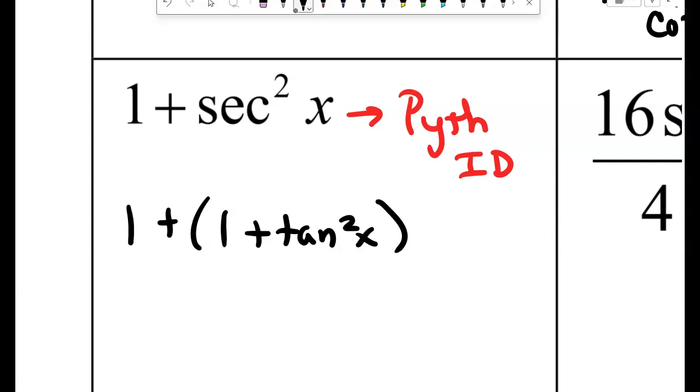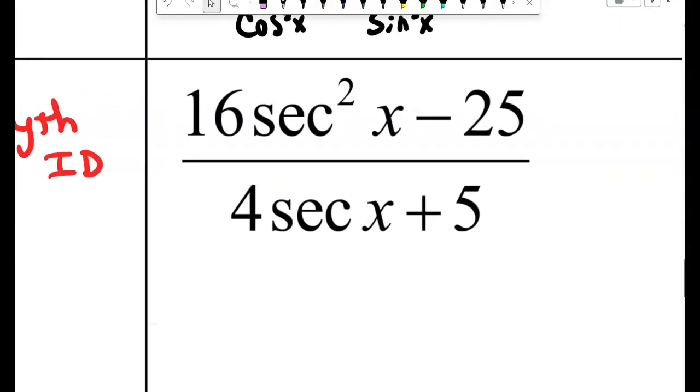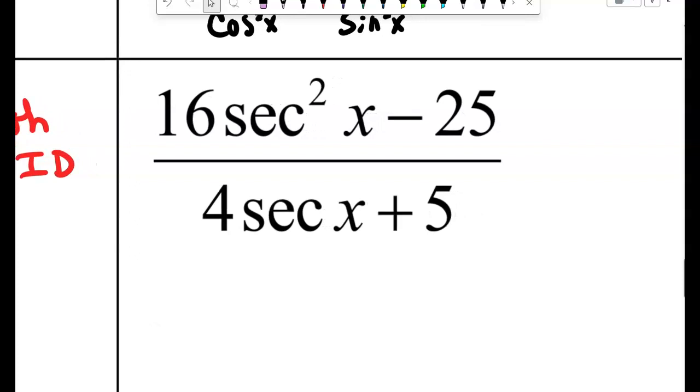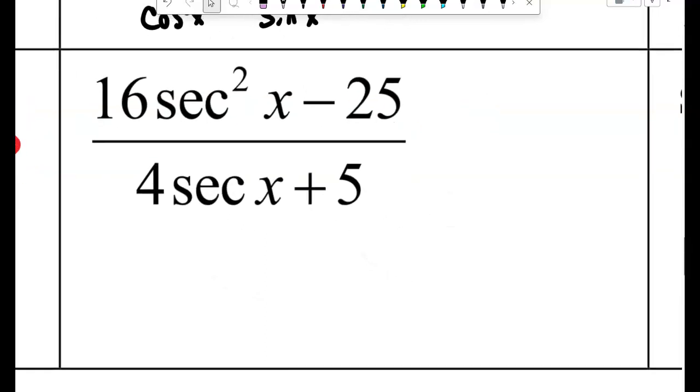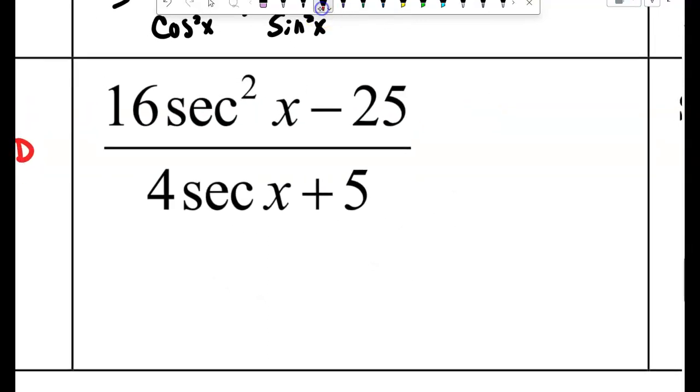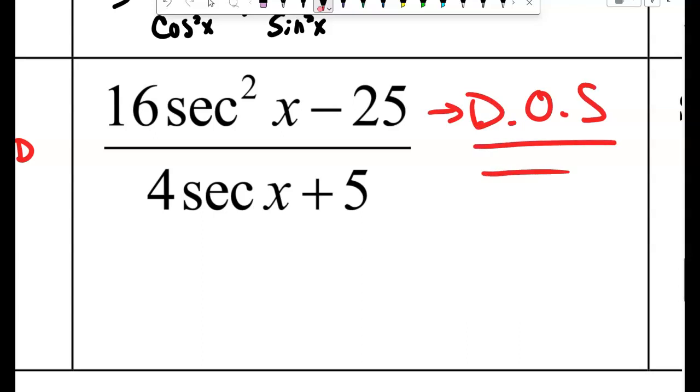Okay. The next one, we got 16 secant squared x minus 25 over 4 secant x plus 5. What would you guys do first? Someone said GCF. That was a smart thing. That's what you should look for. But what would we do? That's a difference of squares. So our difference of squares is what we would do first.